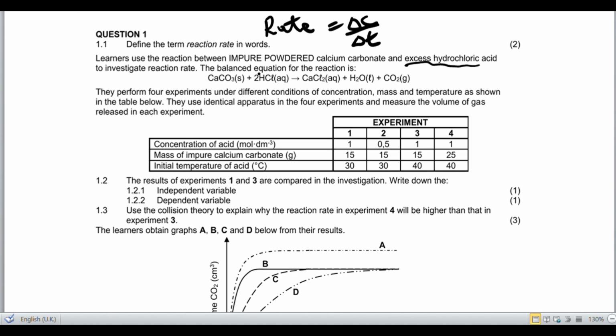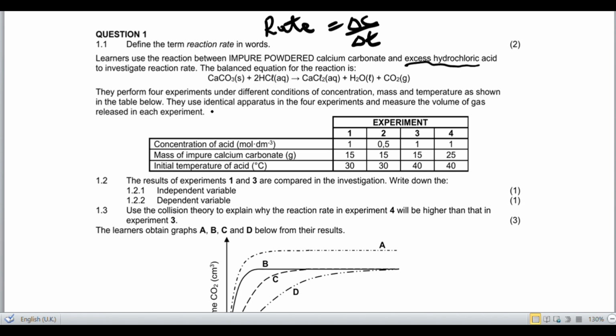Okay, the balanced equation for this reaction is given, the balanced equation. Then they perform 4 experiments. So we have experiment 1, experiment 2, experiment 3, experiment 4, under different conditions of concentration, mass, temperature as shown in the table below.